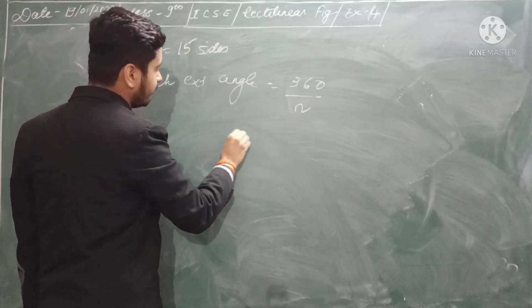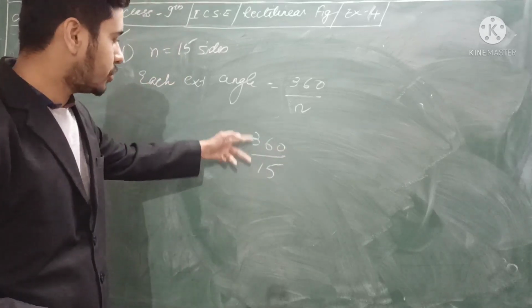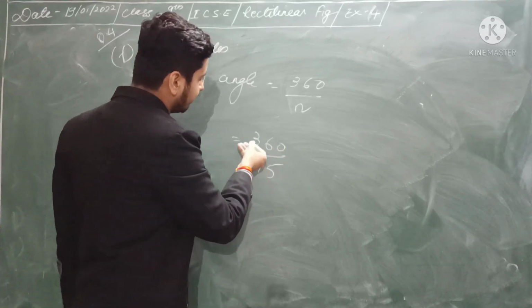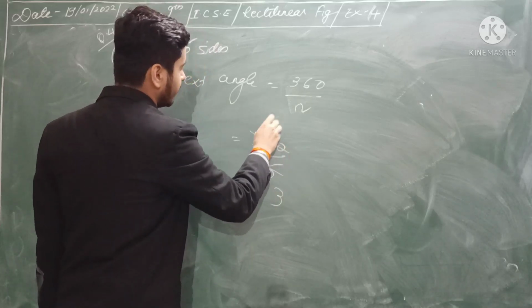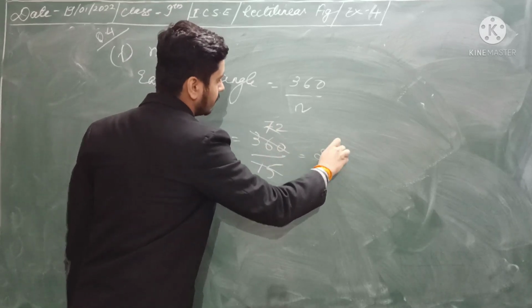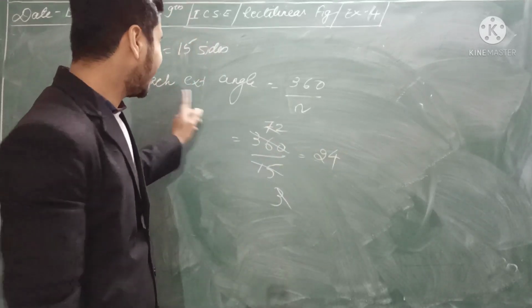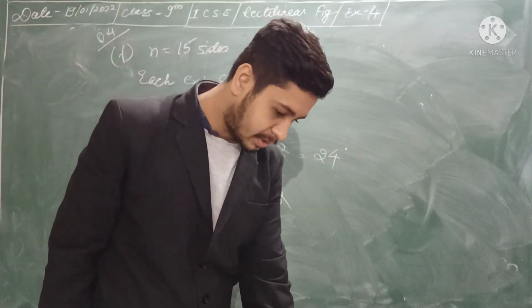We are given n, which is 15. Now you just divide them. How will you divide? Just try to cancel it with the table of 5. So 3, and this will be 72, and again this can be cancelled. So 24. So each exterior angle, that means 24 degrees, will be the answer.